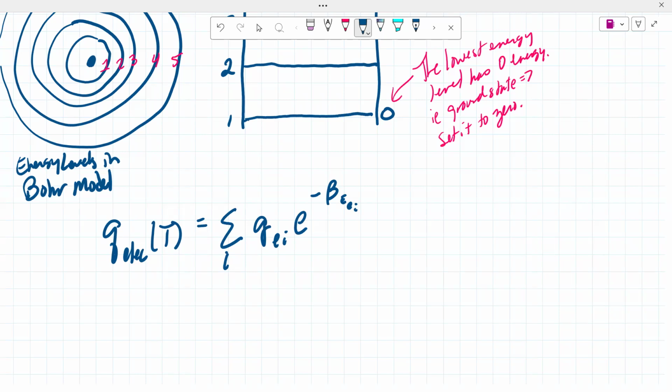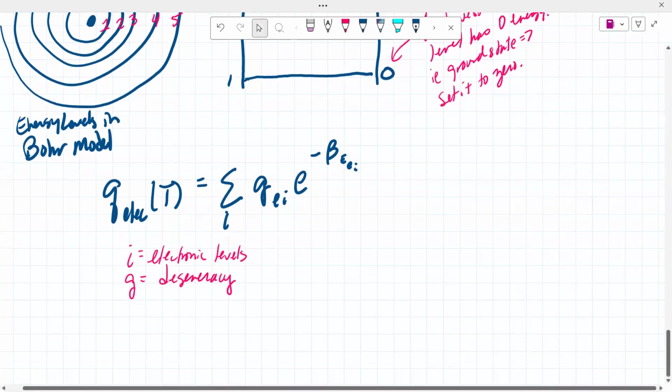Okay, let's write out what all these things mean. i equals electronic levels. Okay, in other words, just these Bohr numbers up here that we just saw. Those ones. g equals degeneracy. Oh, remember we saw degeneracy before? We saw it when we had those bead polymers, the 2^L configurations.